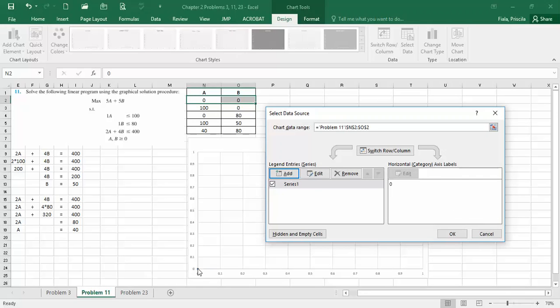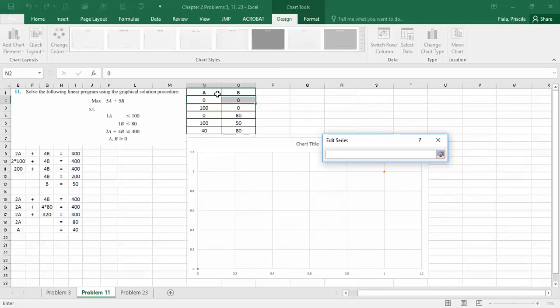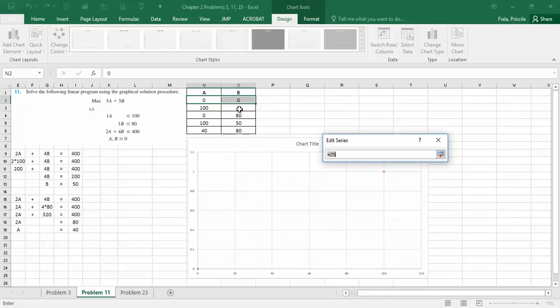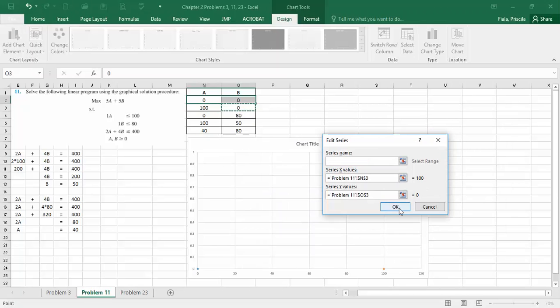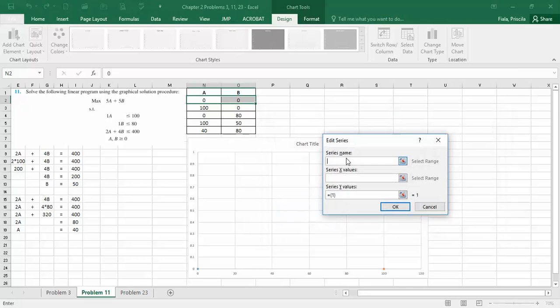And right there is your first point. Now we're going to add the second one. For X or A, you have 100, and for Y or B, 0. You add it, and that's your second point, which tells you that when B is 0, A is 100.